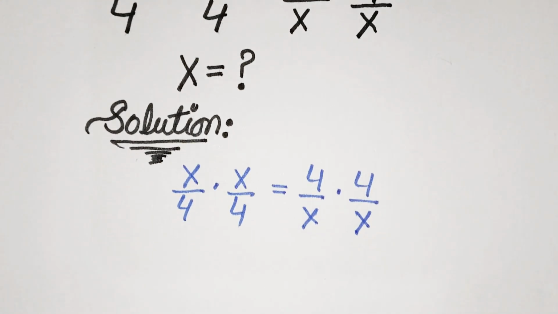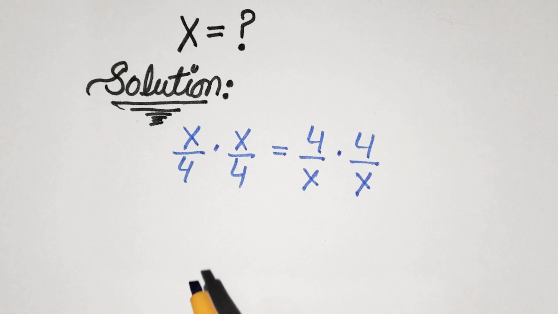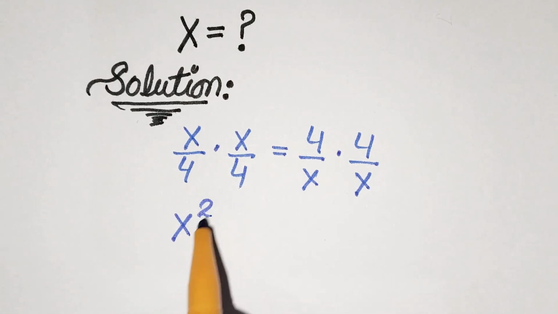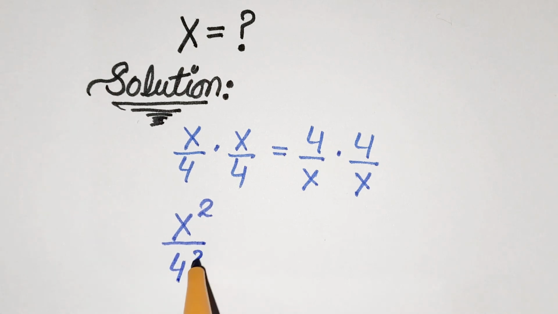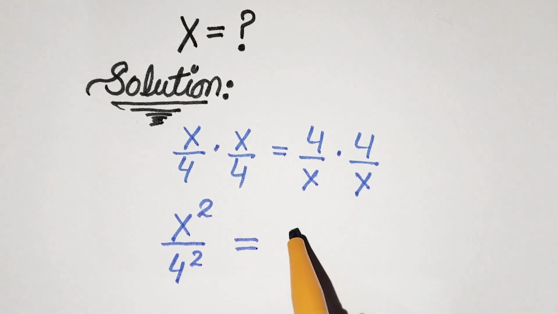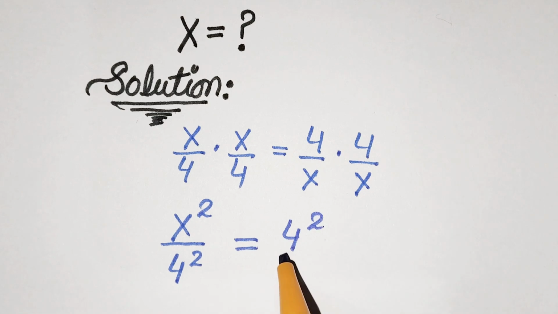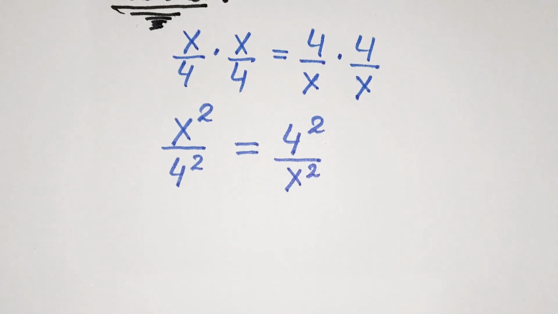Now we are going to just multiply x times x, which is x square, and 4 times 4, which is 4 square, equals 4 times 4, 4 square, and x times x, x square. Now we are going to cross multiply.